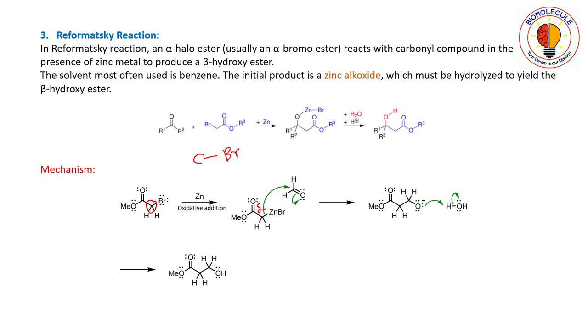Bromine is more electronegative than carbon, so previously it was C del plus and Br del minus, but now after the oxidative insertion of zinc, this carbon atom changes its polarity to del minus. Now this one is the nucleophilic carbon, and now it will attack the electrophilic carbonyl carbon. Okay, so you will get this one.